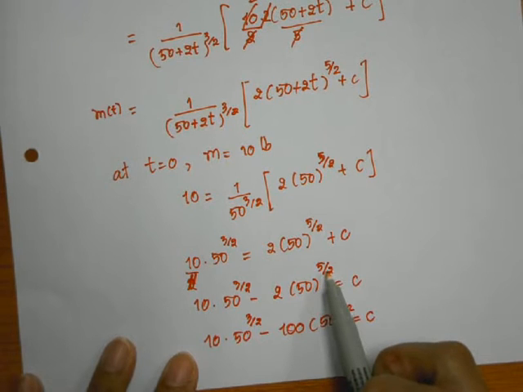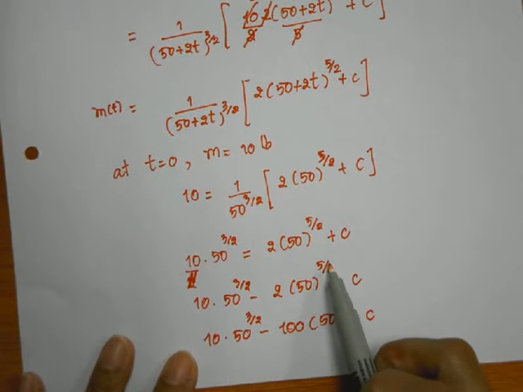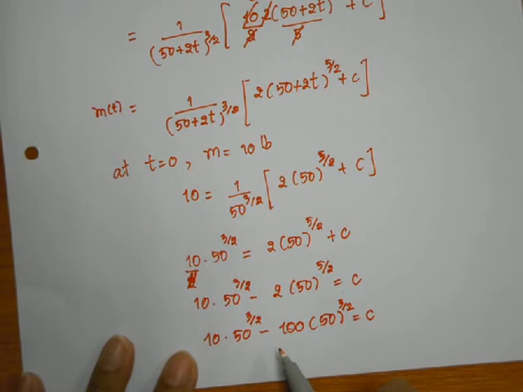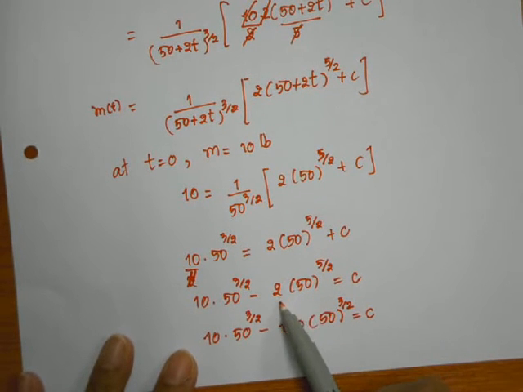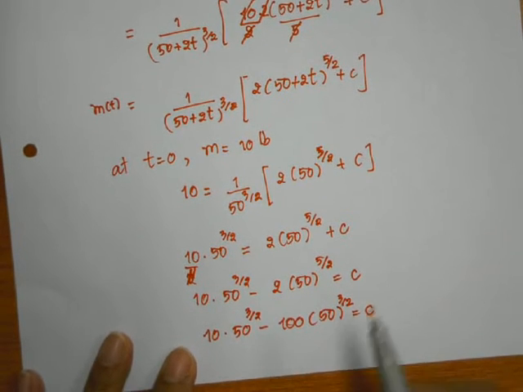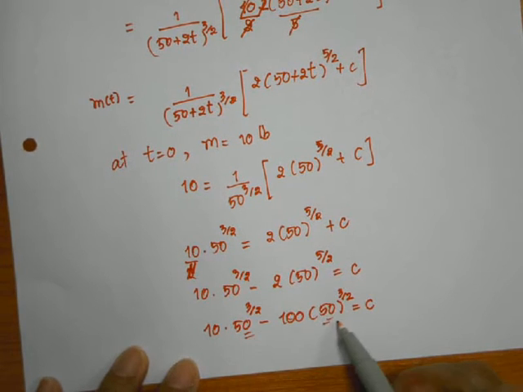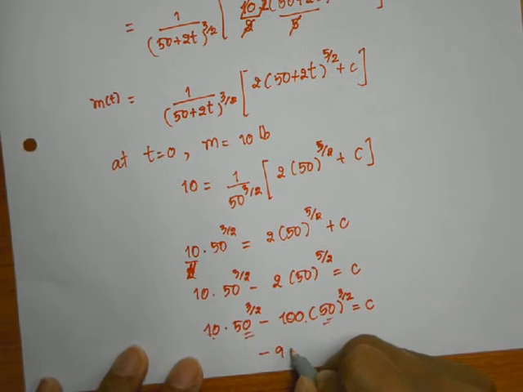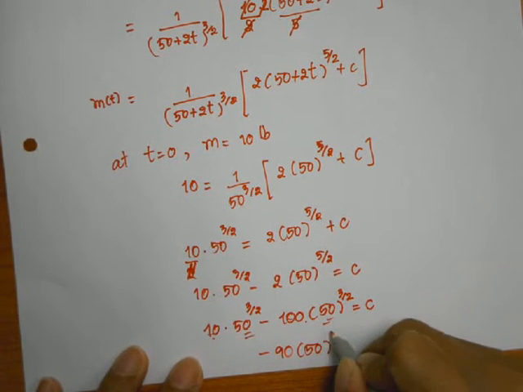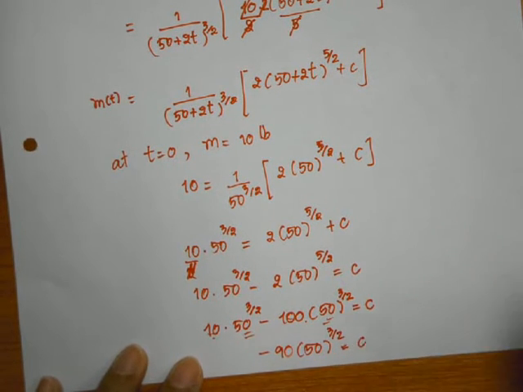This one is 5 over 2, and I want to make it 3 over 2, so I can take 50 out. So 50 times 2 equal to 100. Now both of them have the same number, then you can do the subtraction. So you would get minus 90. That is the value of C.